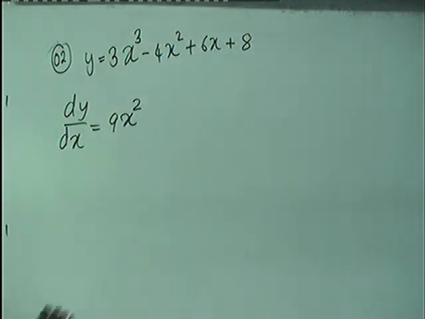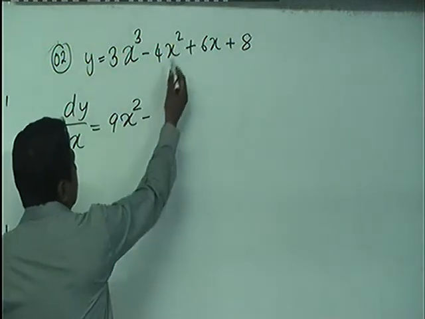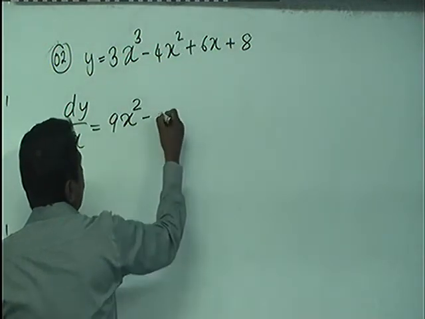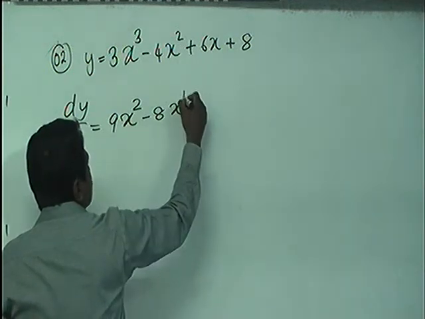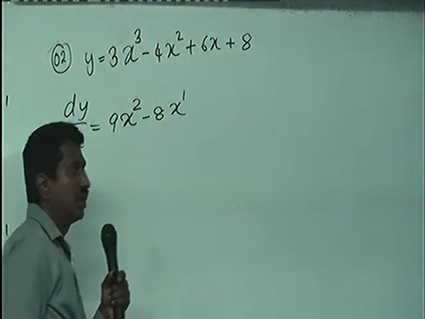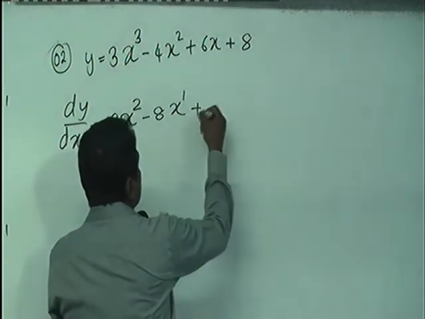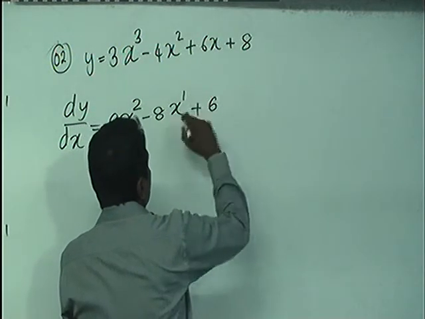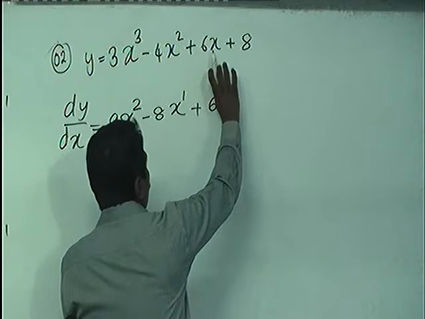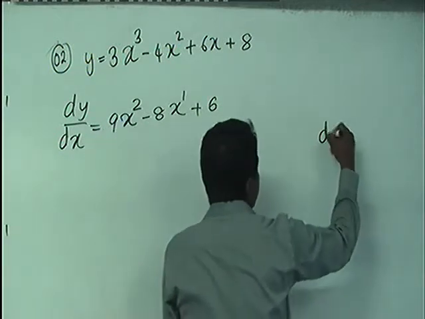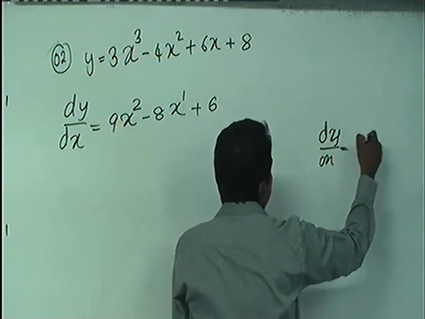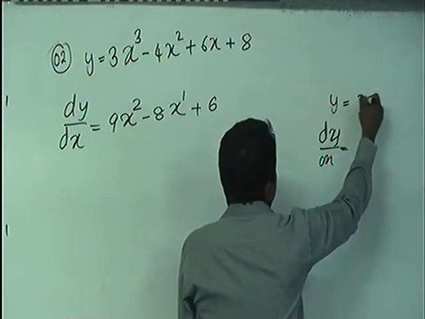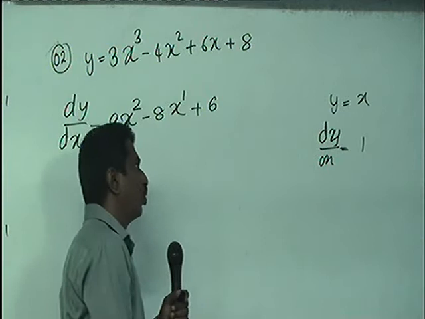I'll write straight away. Minus 4 into 2, 8, x to the power 2 minus 1, that is 1. Plus 6. Differentiate x, it is always 1. When you differentiate y is equal to x, dy by dx is always 1.